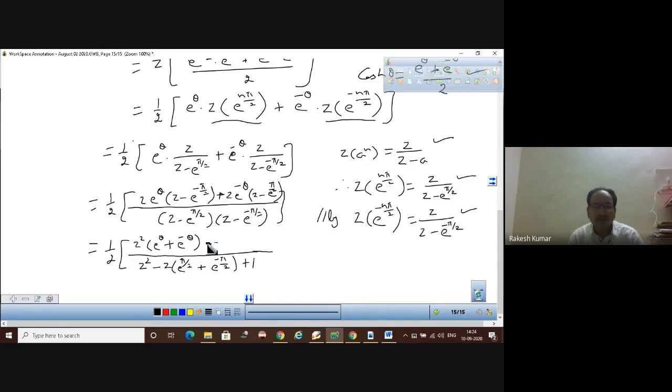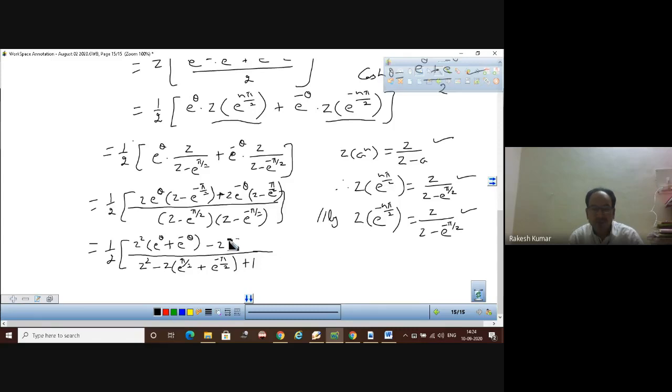And in the next step, you can write minus of z, with the exponential terms. You just see e raised to power theta and e raised to power minus pi by 2, and this is the negative term, and this is the positive term we have, and this will also be another negative term. So this term can be written as earlier.